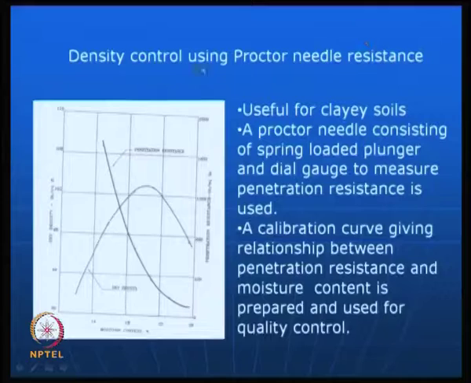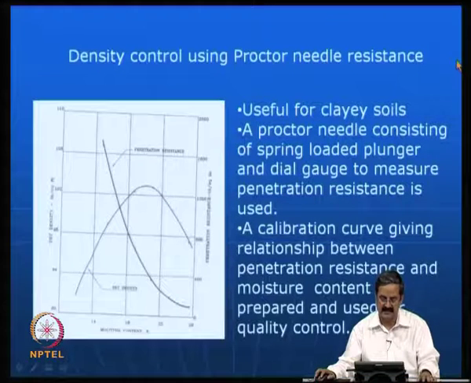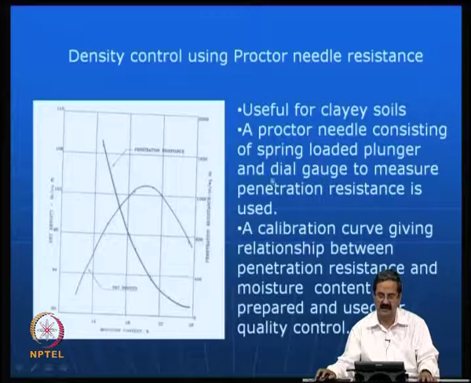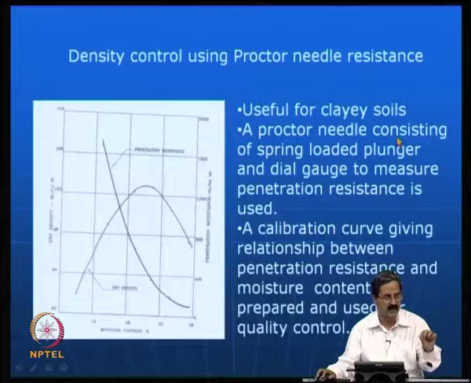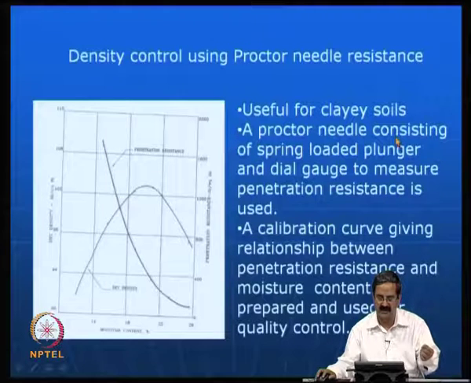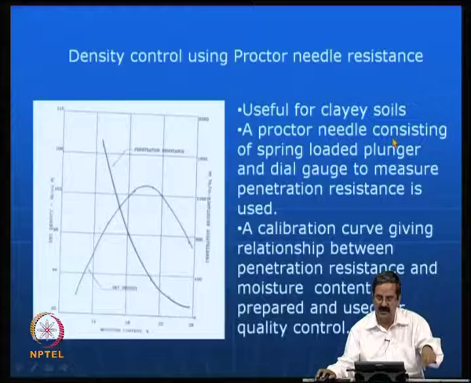Then there is another type: density control using Proctor needle resistance. The Proctor needle is very useful for many materials, and in the olden days it was used significantly in the construction of dams. It is a simple needle, a sort of penetrometer which can penetrate into the soil.